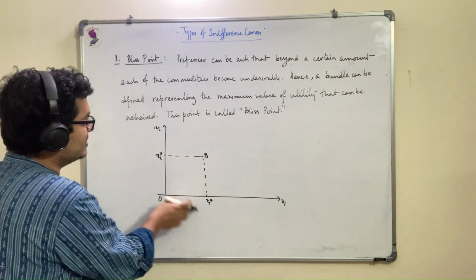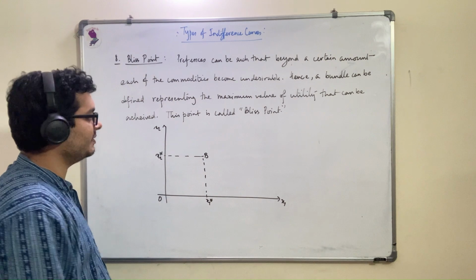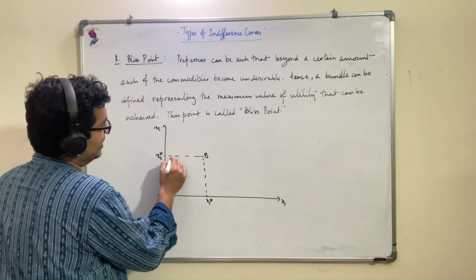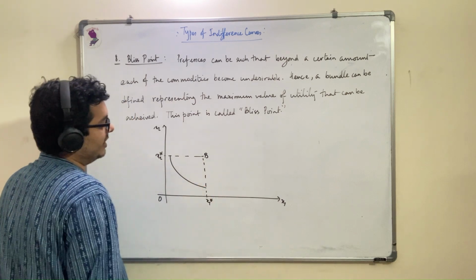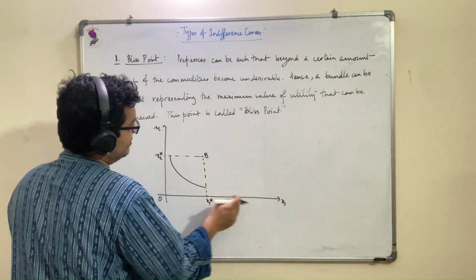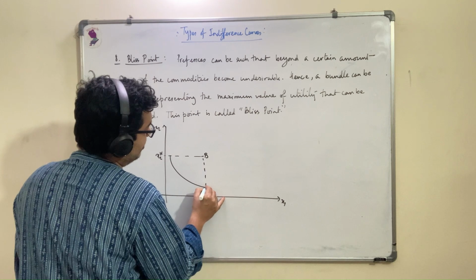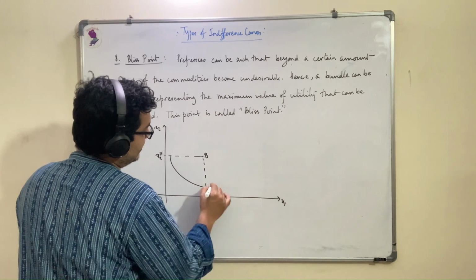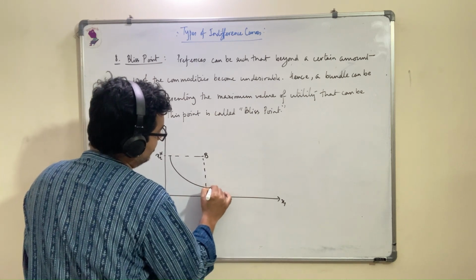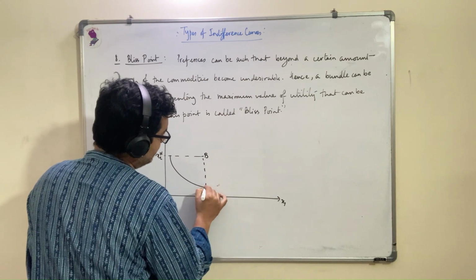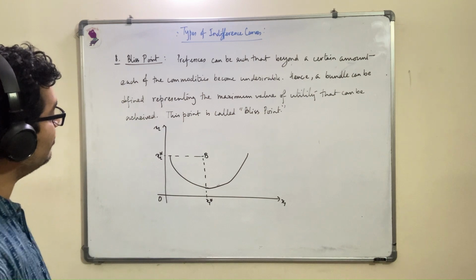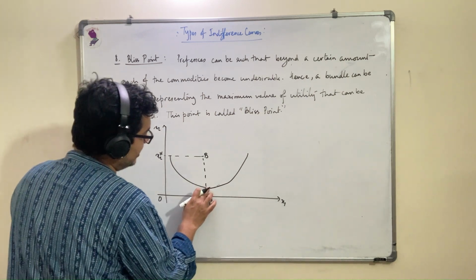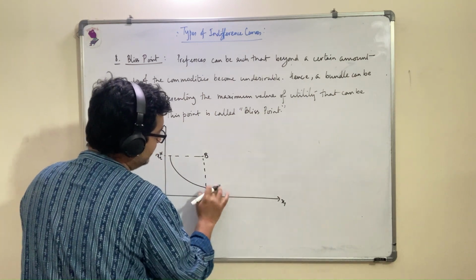So below these two levels, things are desirable, and assuming that they are imperfect substitutes, convex to the origin. Beyond this point, x1 becomes undesirable. So the IC goes upward. Okay? And why does this happen? Because now it is undesirable.